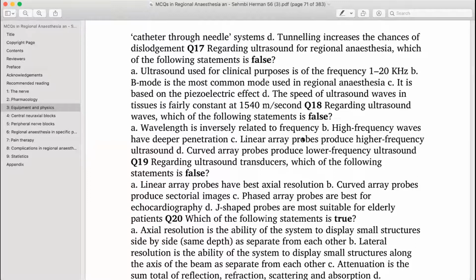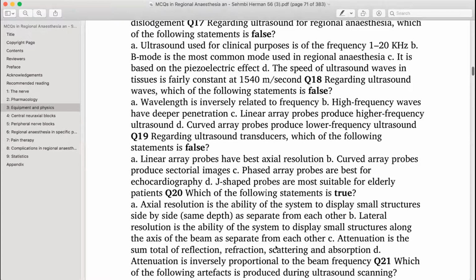The speed of ultrasound waves in tissue is fairly 1540 meters per second. Anamika and Dr. Avantika can answer. Which is false? Others can also participate through the chat box.